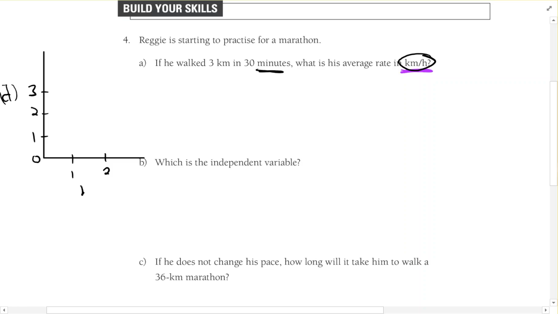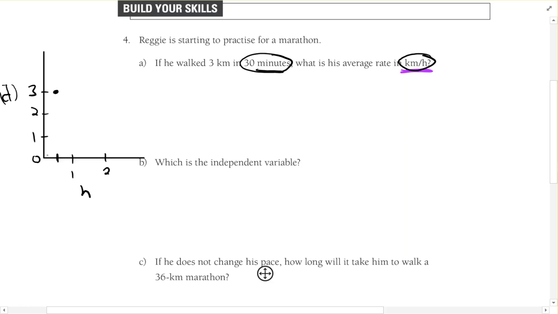So this would be like 1 hour, 2 hours. And so far, this thing goes up to 3 every 30 minutes. How many hours would 30 minutes be? How many hours is half of an hour? It's half of an hour, right? So this thing would go up to there in half of an hour, at midway between 0 and 1.